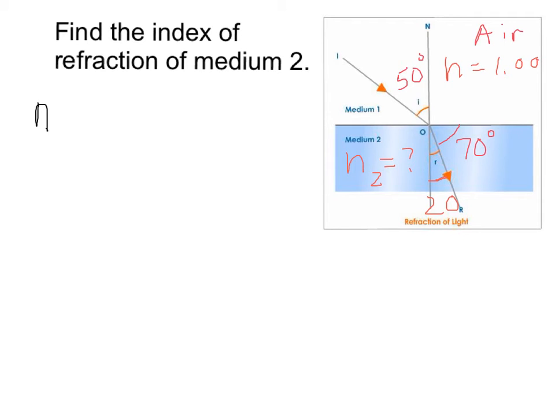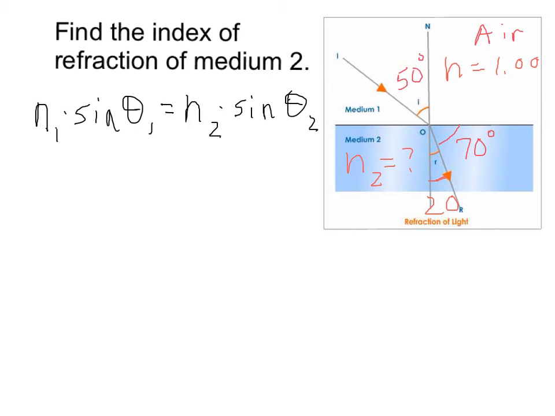And we write it: index of refraction n1 times the sine of the angle we call theta 1 is equal to the index of refraction we call n2, that's the other medium, times the sine of the angle we call theta 2. Theta is the Greek letter and it often is used to indicate an angle.